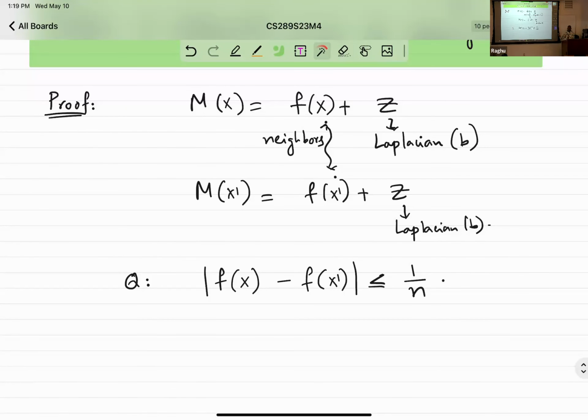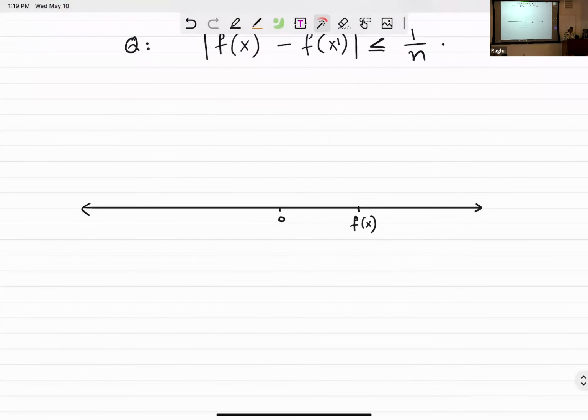The mean is now not 0, but f of x. So the PDF, the histogram of that, should look something like this, and f of x prime should be nearby. It's pretty close. I'm going to draw them far apart because it's hard to draw very small things.